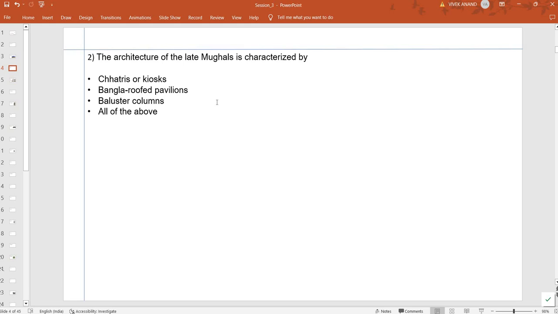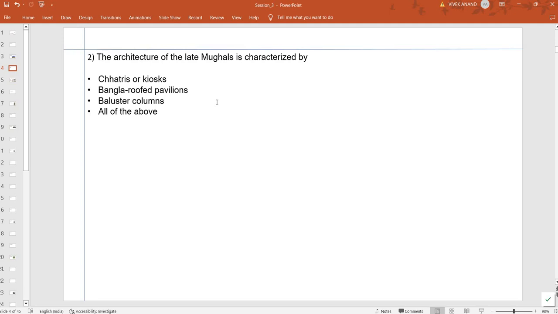When we say late Mughals, who are the emperors that can be included in late Mughals? Name anyone. Aurangzeb. Shah Jahan, Aurangzeb. Yeah, you can say Aurangzeb, Shah Jahan also.